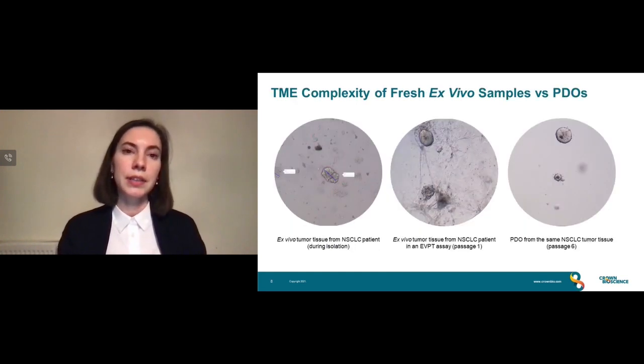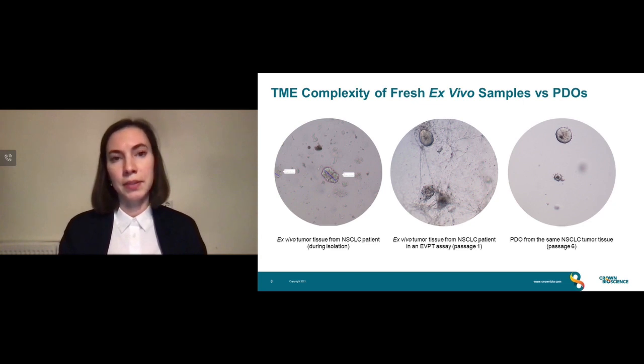On this slide, you can see really the complexity of our tissue compared to tissue that has been passaged a couple of times. If we start on the left here, this is how the tissue looks during the isolation: you can observe some tumor clusters and some single cells around them.